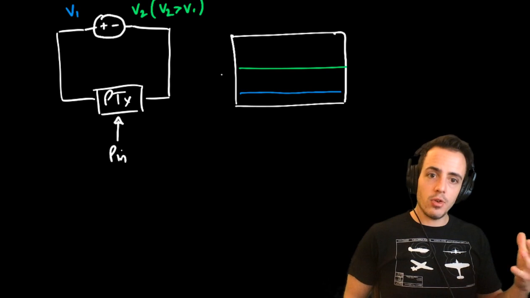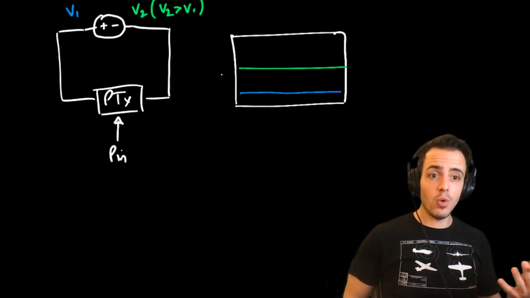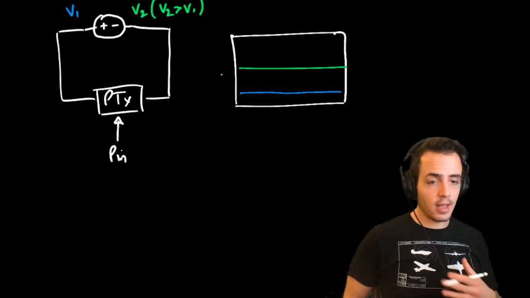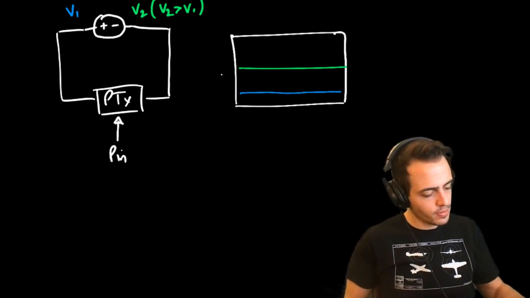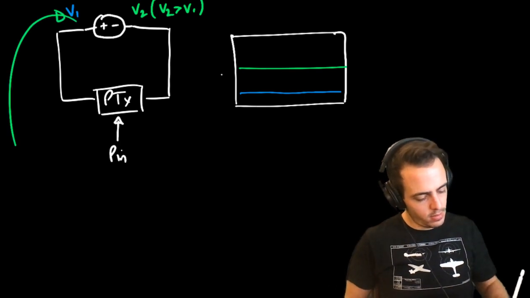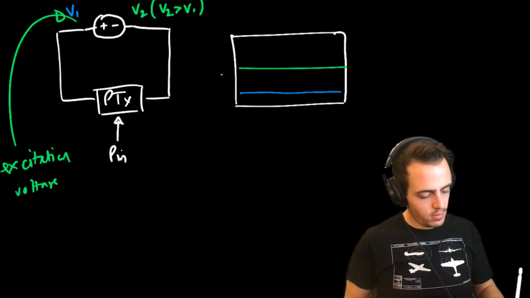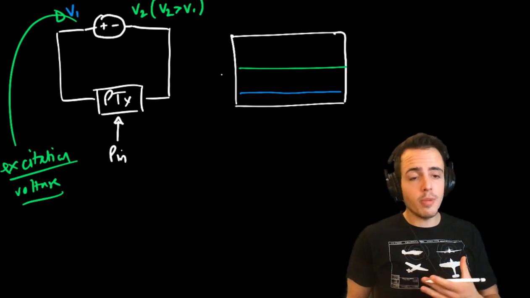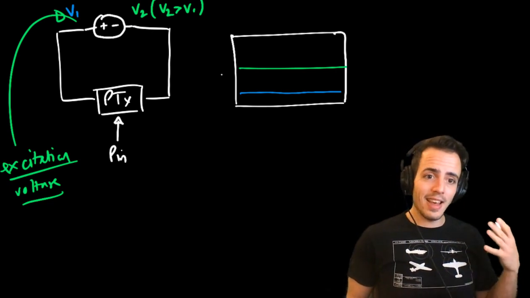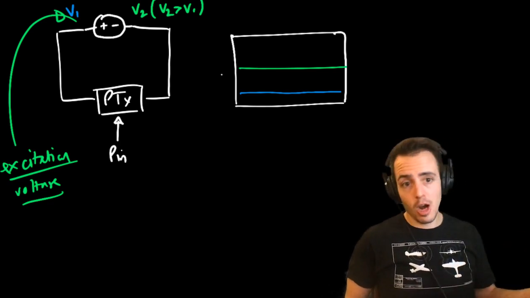So that means that if we've got a particular transducer and we've calibrated it at 5 volts, 5 volts being the power supply, or what we call the excitation voltage, what we mean is that if we're going to use this in an experiment, we have to be certain that the excitation voltage for that transducer is exactly the same when we do the experiment.